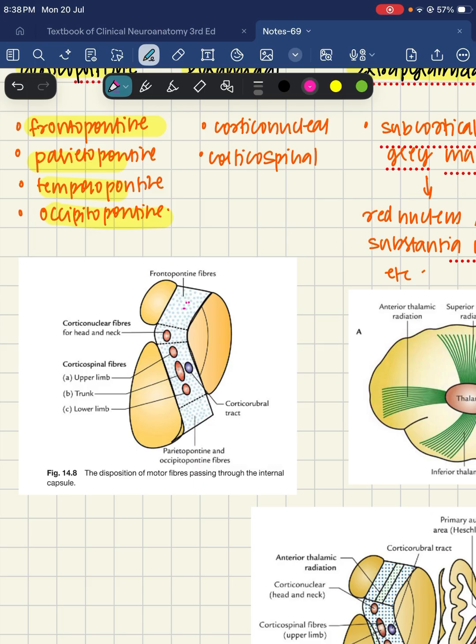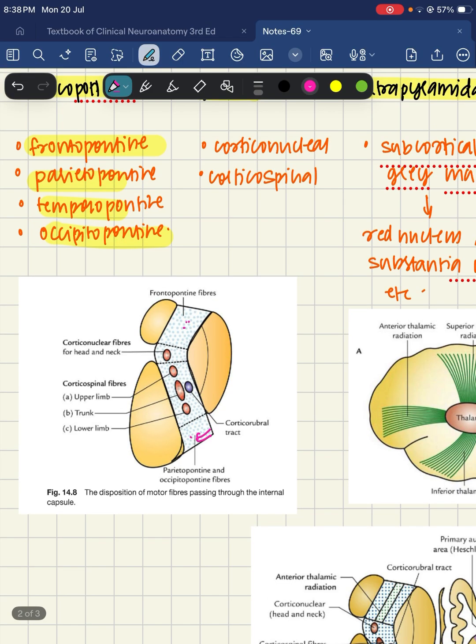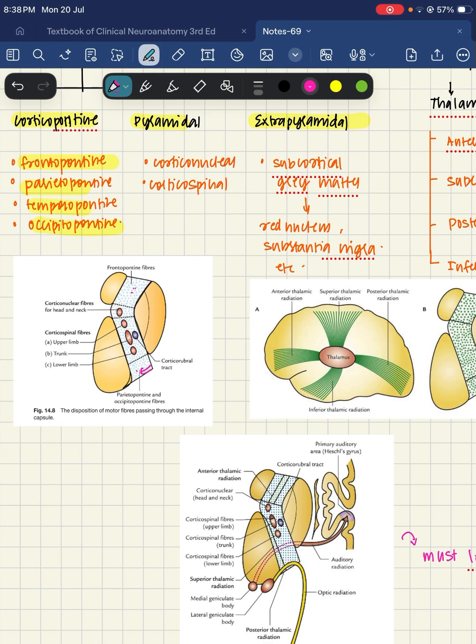Then you can see the parietopontine and occipitopontine pass through the retrolentiform part, over here in the figure. The temporopontine go through the sublentiform part. So these fibers are widely distributed in the internal capsule, the frontopontine being the single most widely distributed one, constituting two-thirds of the fibers. You can remember that much.